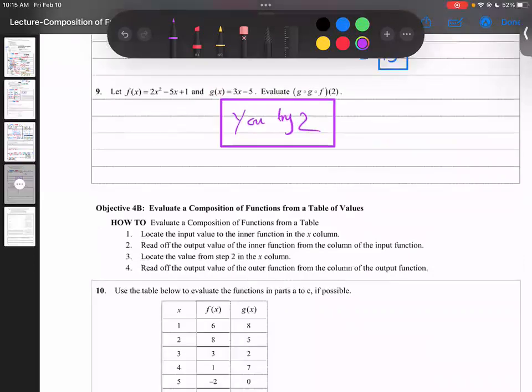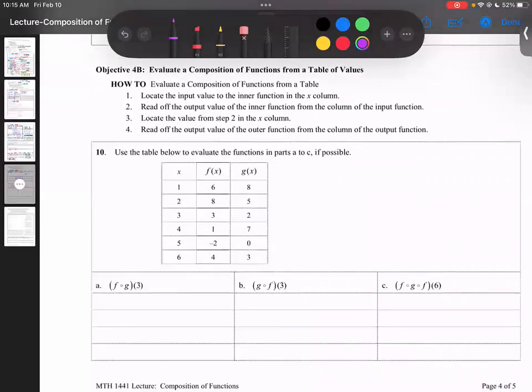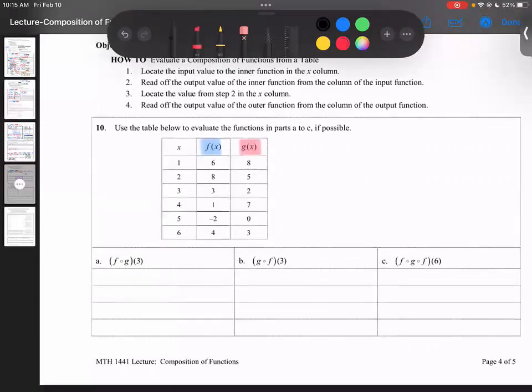We can evaluate by table. So the second method, we evaluate the composite function by table. 10a, I want to evaluate f composite g of 3. Let's say f is blue and g is red. If I were to rewrite it, f is the outside function and g is the inside function.